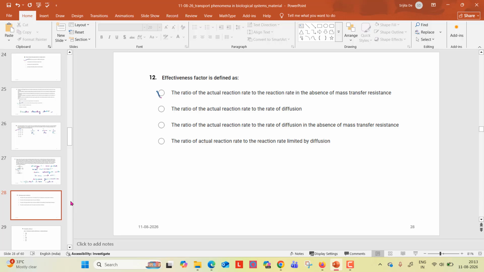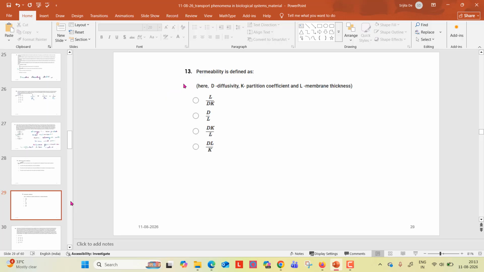Next, permeability is defined as, from the definition you will know, dK/L. So it is proportional to the molecular diffusibility and partition coefficient, and inversely proportional to the membrane thickness, dK/L. It is option C.